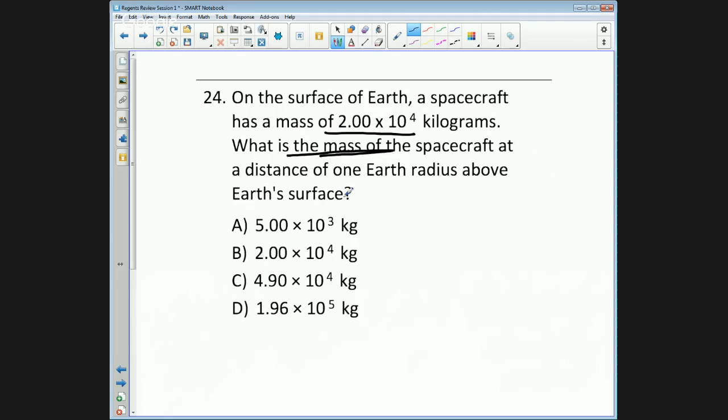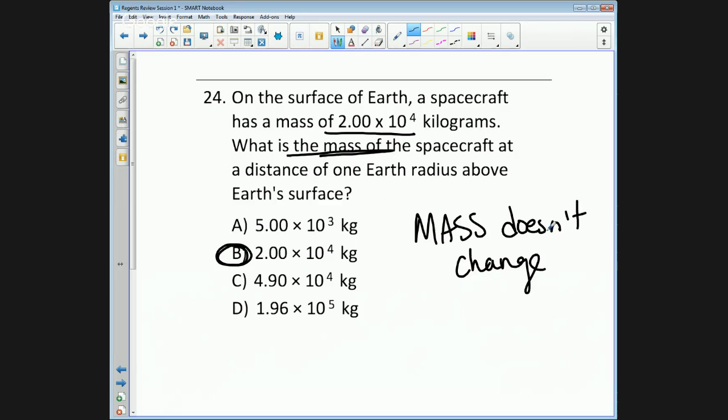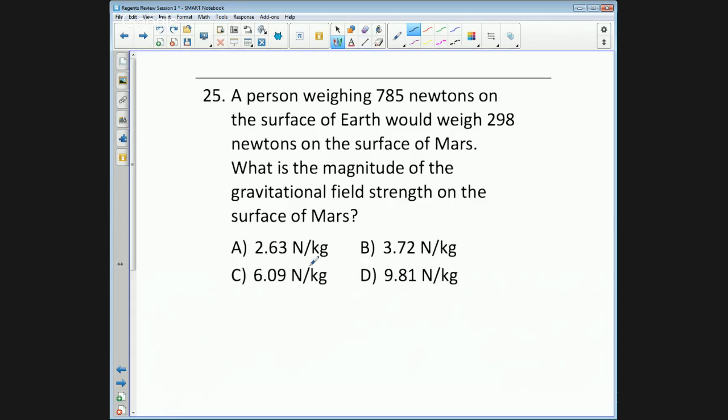So that would be B. Mass doesn't change. Mass is how much stuff you have, basically how many atoms you have. So going from on the planet to away from the planet, you're not going to lose any mass. So the answer is B. That's a trick question.